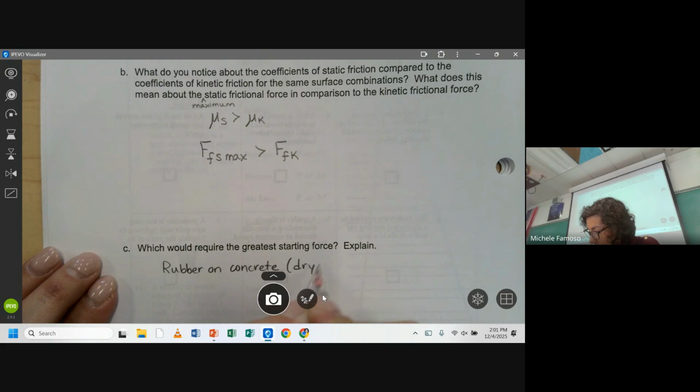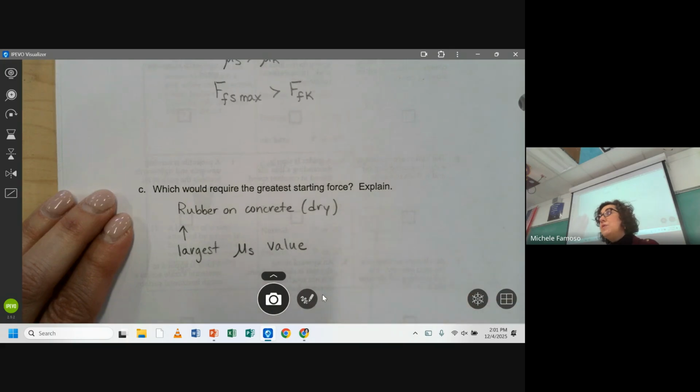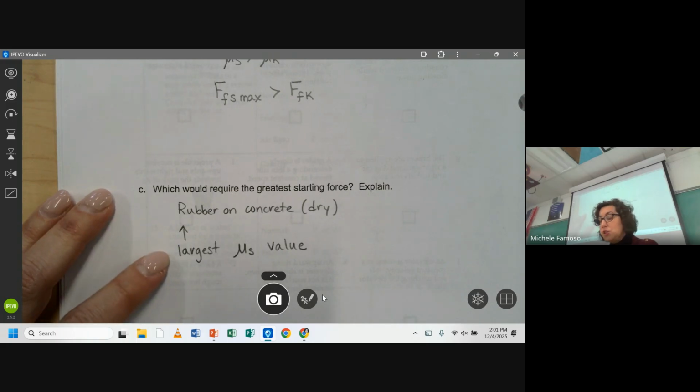Now, how did you know that? That's right. So this has the largest mu S value. And if you wanted to get it to start to move, you have to overcome static friction to make that happen. So this has the largest mu S value.